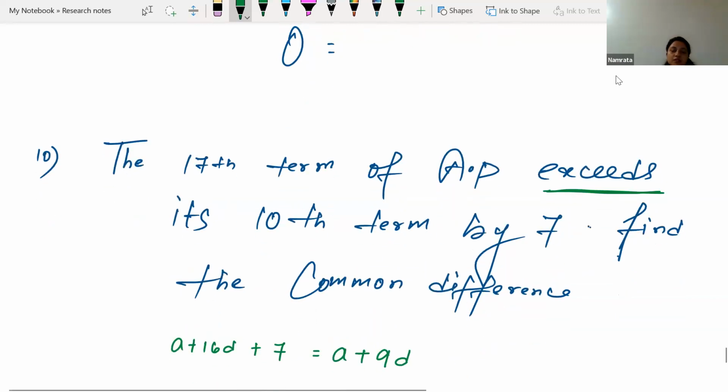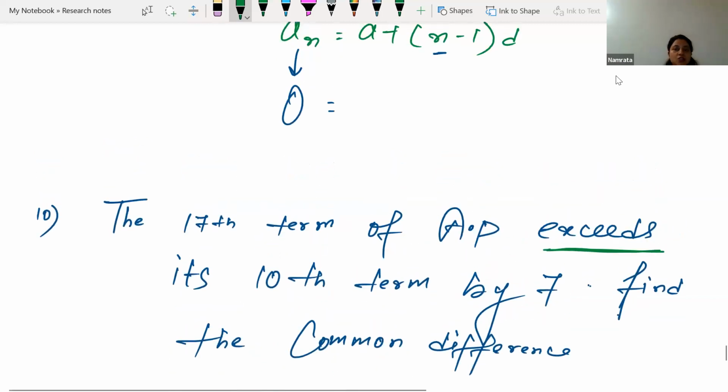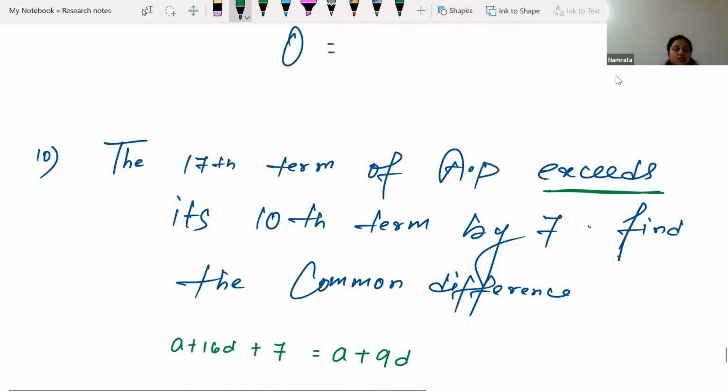Is it so? If I am saying that my age is 10 years more than your age, you will make the equation like this: my age, Namrata's age, plus 10 years is equal to your age, or you will add to your age, then only it will be equal to my age.